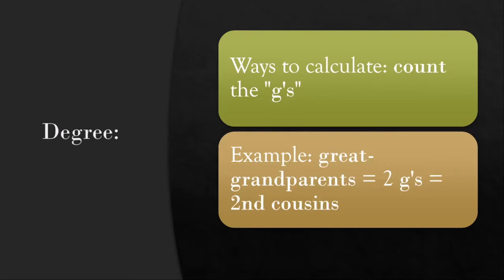Personally, I find another way a little easier, which is to count the G's. So it doesn't matter whether it's a grandparent or the word great. If you count the G's, you don't have to do any add one, subtract one, none of that. So if you share great grandparents, that has two G's. Therefore, you are second cousins.